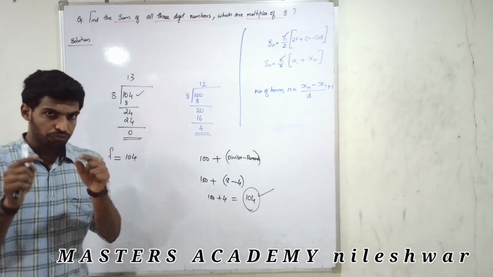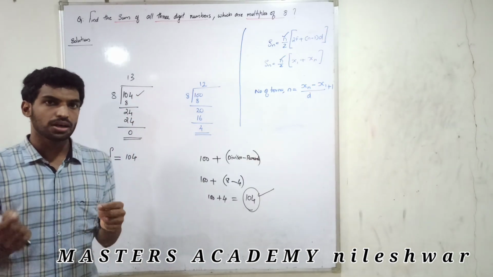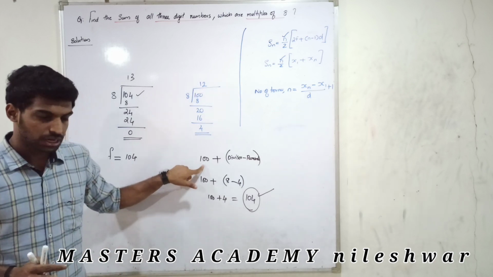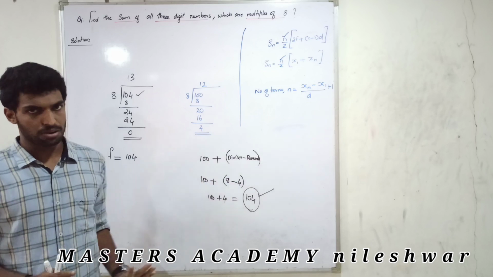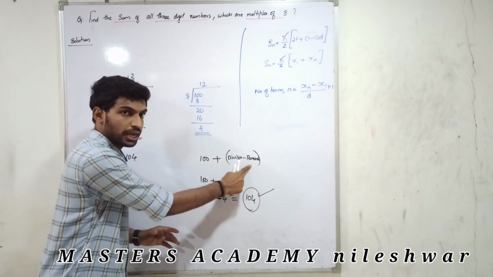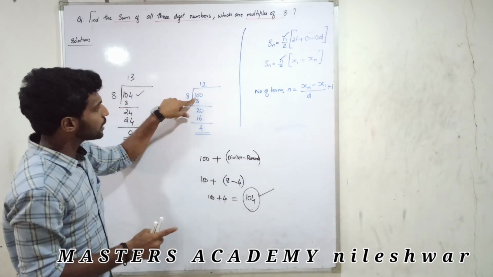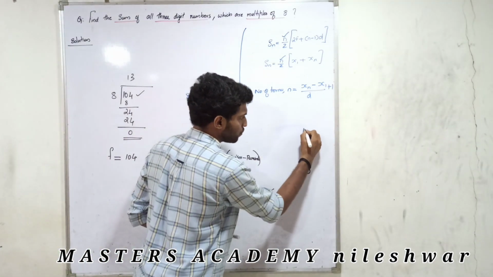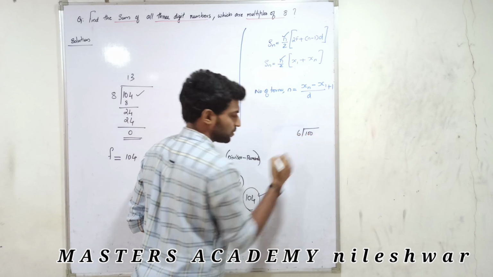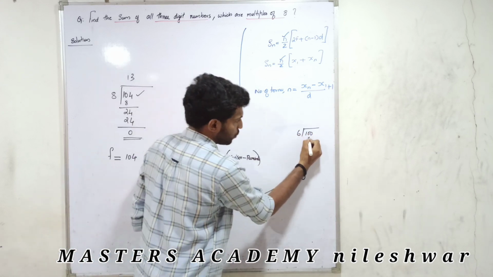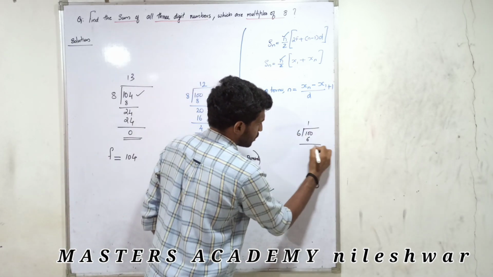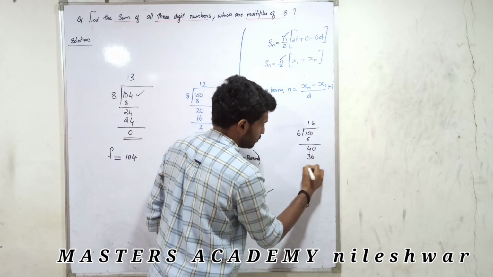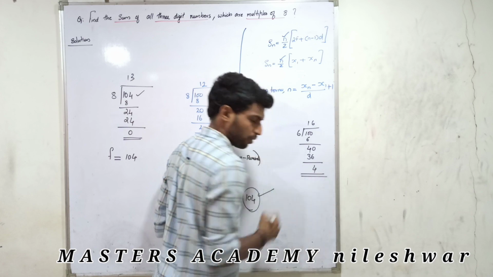Okay, this is what we have written here. Understood? So in order to find the first 3-digit number which is a multiple of any particular number, what you have to do is write first 100 plus divisor minus remainder. This remainder is obtained only by dividing 100 by the number. For example, if they ask 6, first you have to do 100 divided by 6. We know 1 time, remainder 4, 40, 36, 6 times, balance is 4.